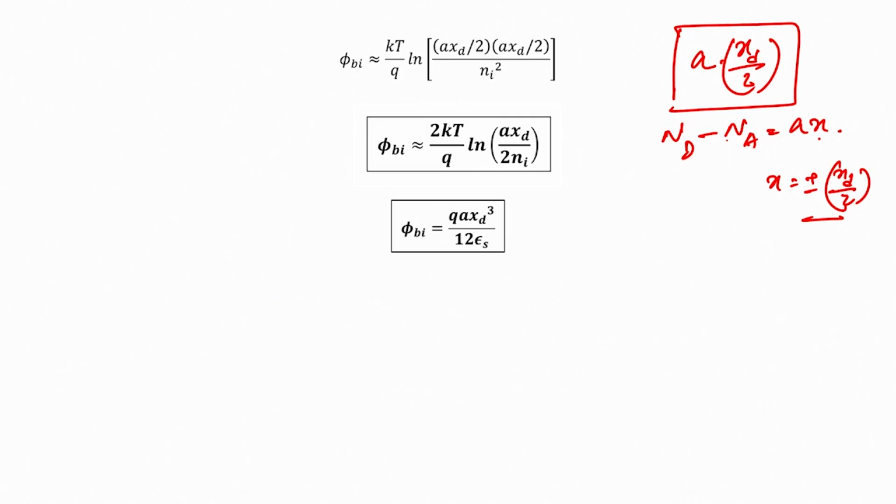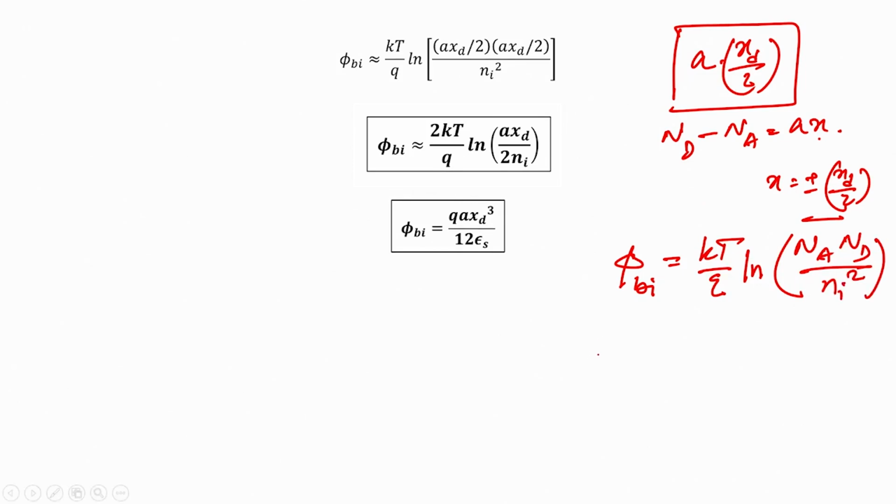Now we will use an approximate formula that we have used earlier in the case of an abrupt junction, that the built-in potential is equal to kT by q ln Na Nd by Ni square. In this particular case also we are using an approximate formula, this is not an exact formula, but an approximate relation.